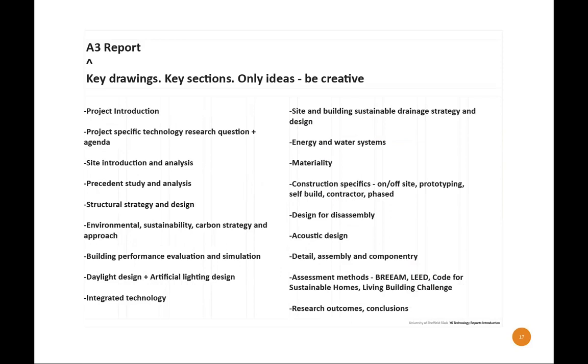If you're doing a housing scheme, then Code for Sustainable Homes would probably be important. But if you're doing a concert hall, it would not. Okay? I've put down some ideas, and you'll see when you look through the examples the kind of themes that students have covered.